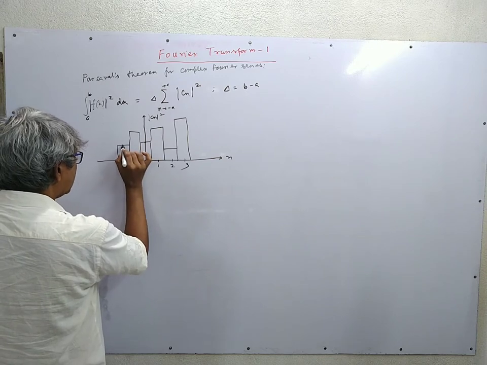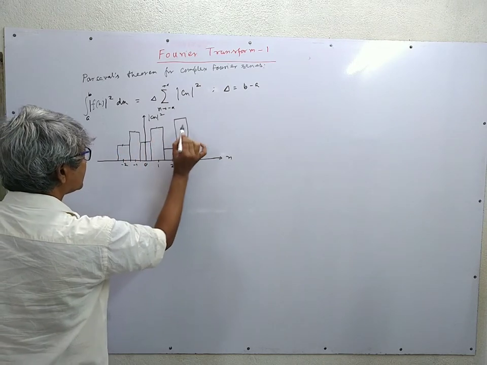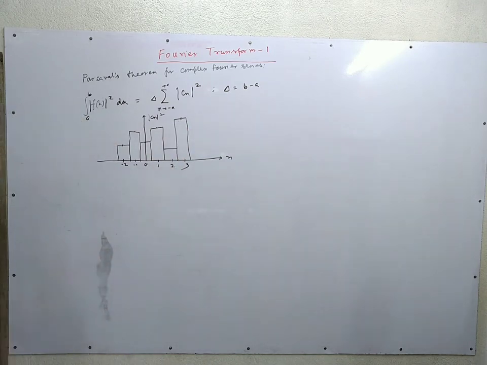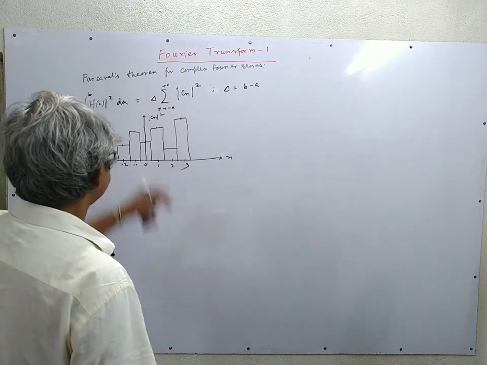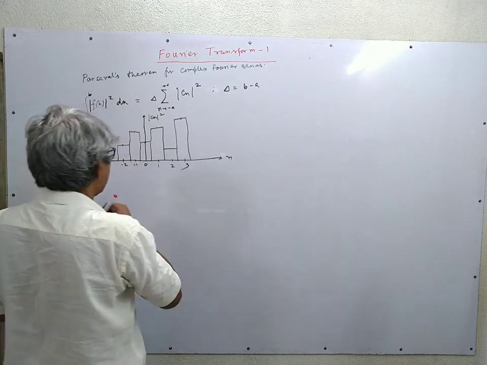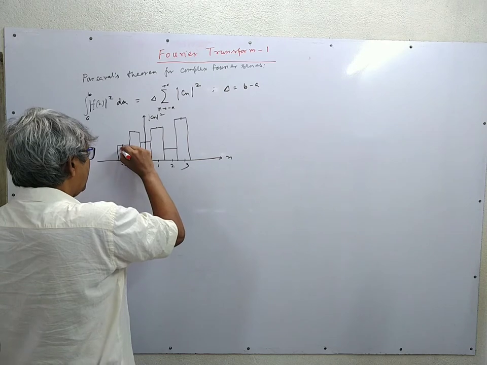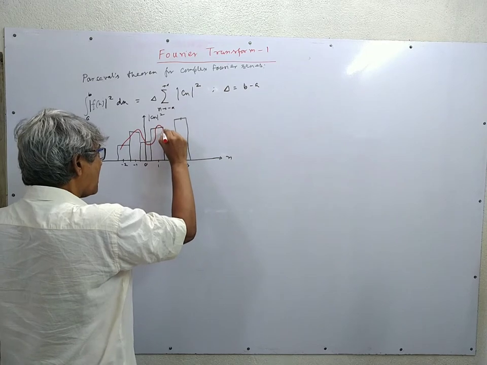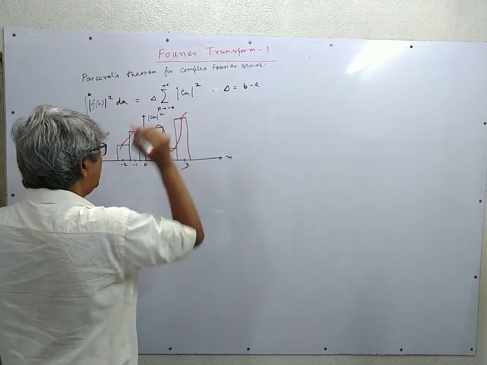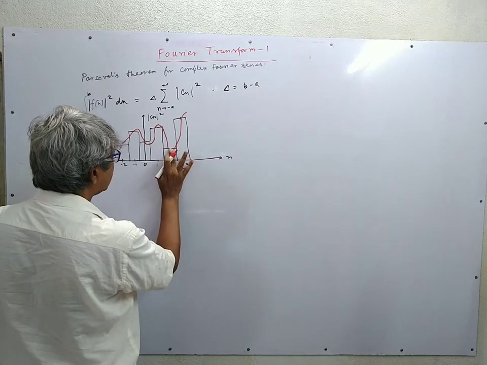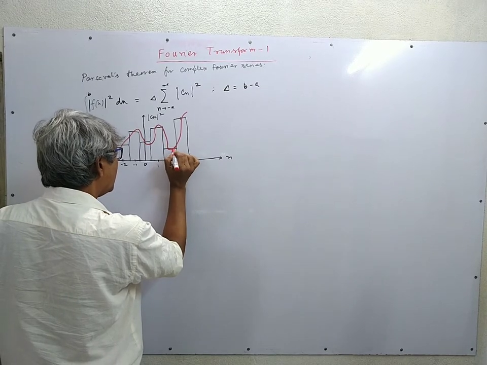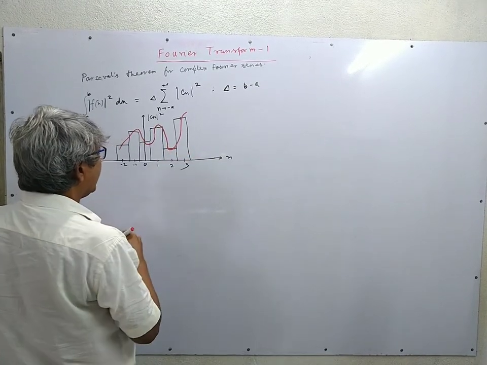So these are the values of the function. This sum extends on either side, and this is the interpretation of this sum. If we go to the left hand side, it is the area under the curve.